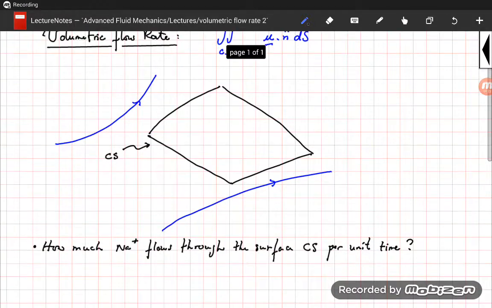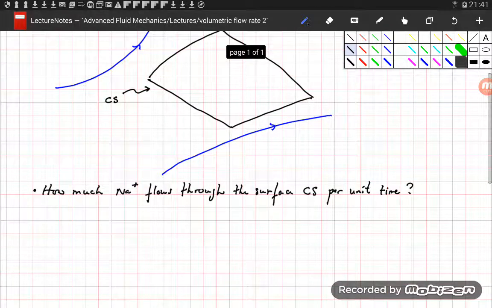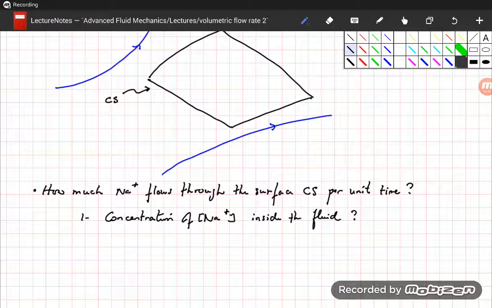So clearly two things will influence the flux of those sodium ions. First will be the concentration of sodium ion inside of the water. And the other thing which will influence this flux is the volume of water that passed this control surface per unit time. This is what is called the volumetric flow rate.